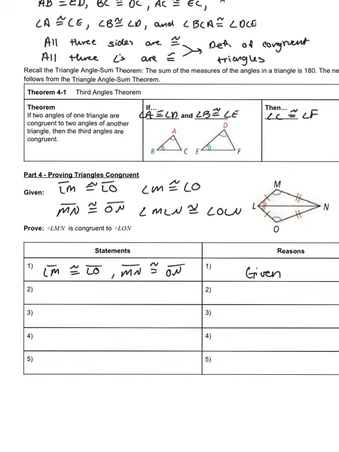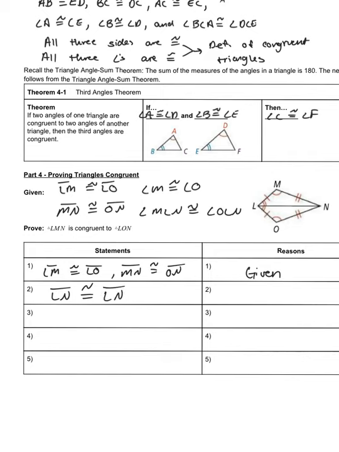But look at the third side of each triangle. Well, in triangle LMN, the line that we're missing is LN. And in triangle LON, the line that we're missing is LN as well, okay?